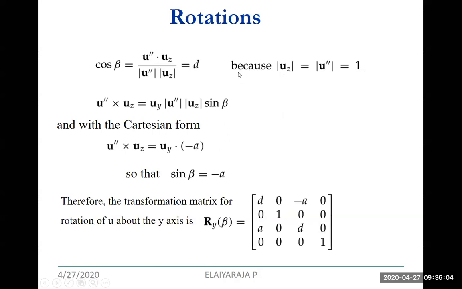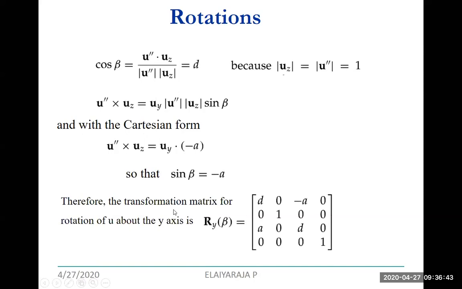And similarly when you do the cross product, this is the dot product operation for cos beta, then the cross product operation for sine, and rewriting in Cartesian form, you will get sine beta equal to minus a, cos beta equal to d. You can apply those values and check the dot product as well as the cross product. You will get cos beta equal to d and sin beta equal to minus a.